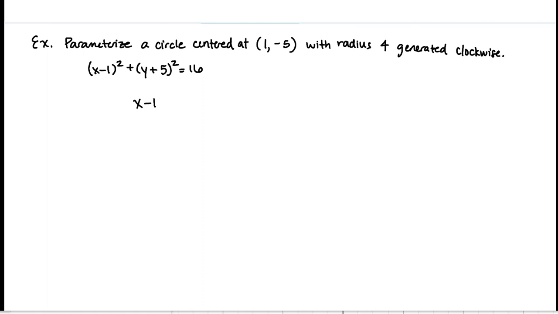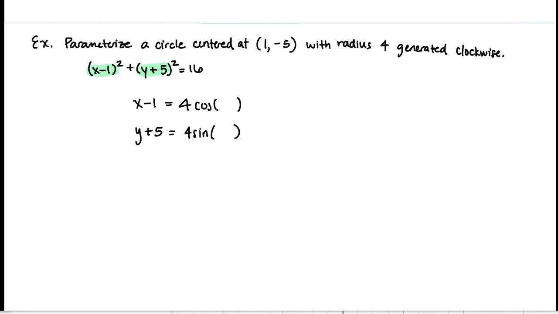So remember the pattern is you just take your x and y parts that are in here, so x minus the center and y minus the center, and then you do r cosine theta for the x and r sine theta for the y. So my r is 4, and it's going to be 4 cosine and then 4 sine. And then last, we're going to look at how it is generated. Is it generated clockwise or counterclockwise?